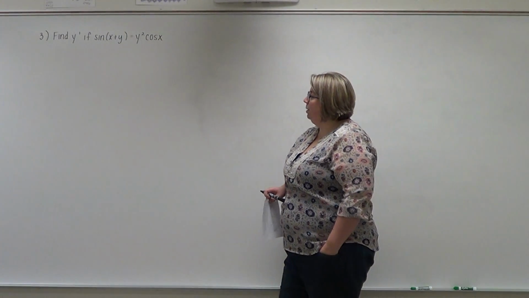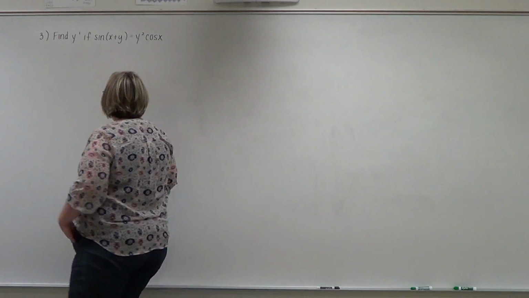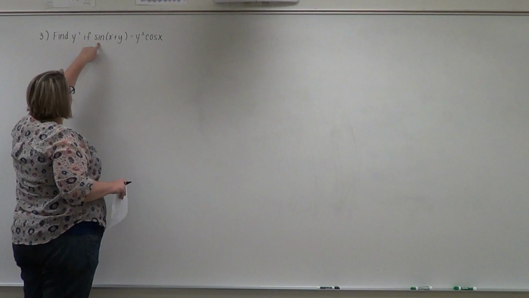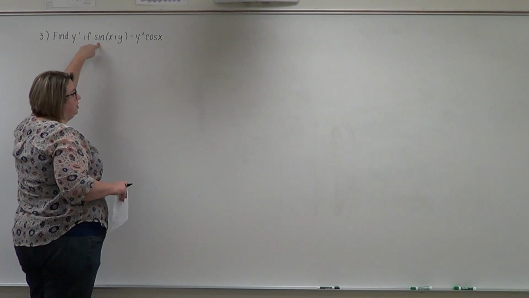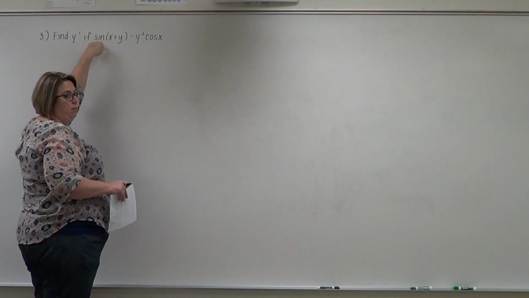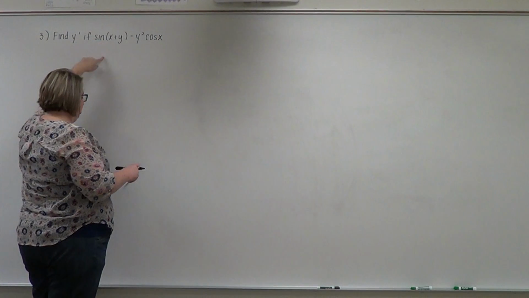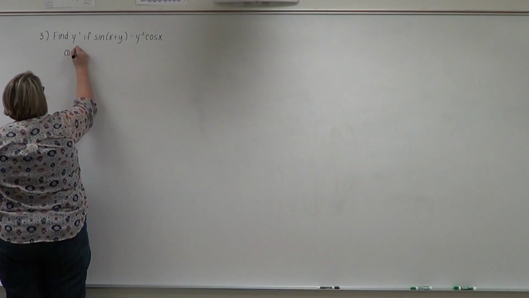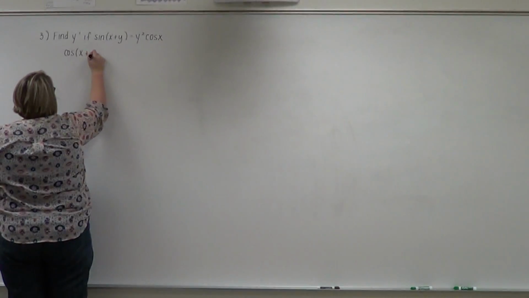So if I want to find y prime, this right here is using the chain rule. The first thing we're going to do is find the derivative of sine, which, if you remember your trig functions, is cosine. So this would be the cosine of x plus y.